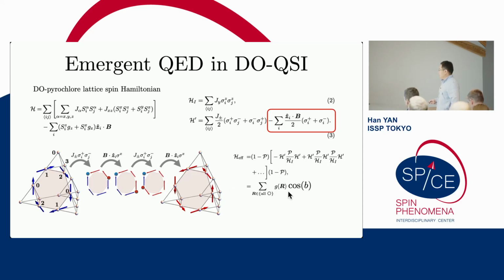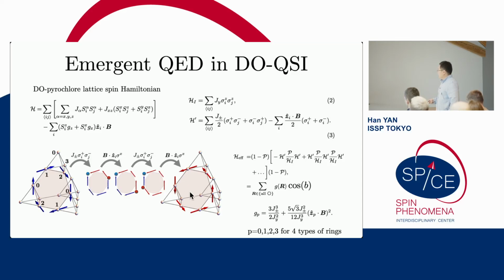Let's say these coefficients are GR, and R labels the different plaquettes. At leading order, the correction is like this, where Z is the unit vector orthogonal to your plaquette.